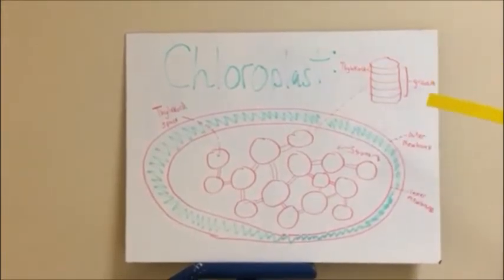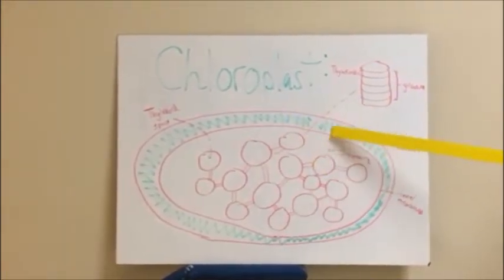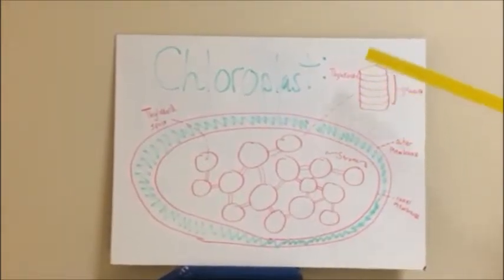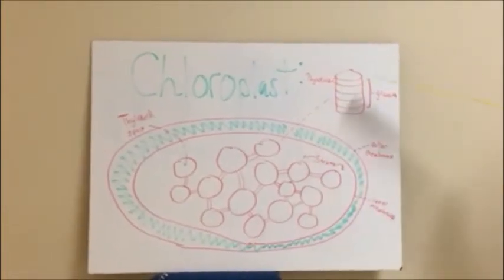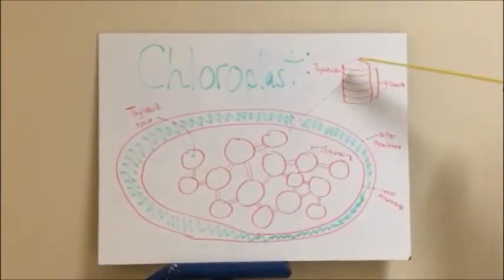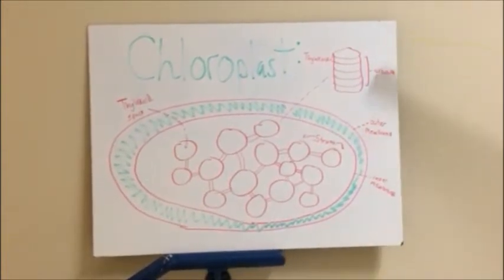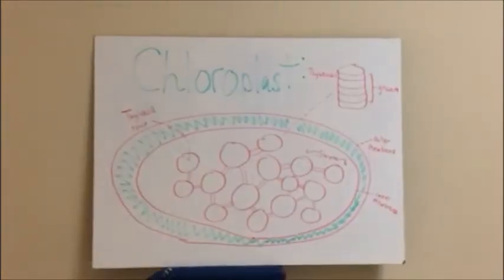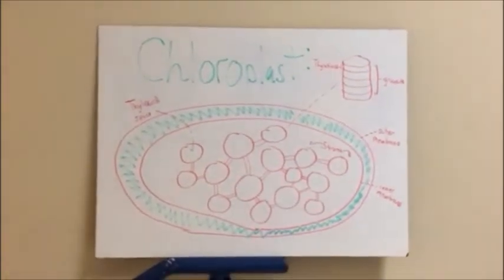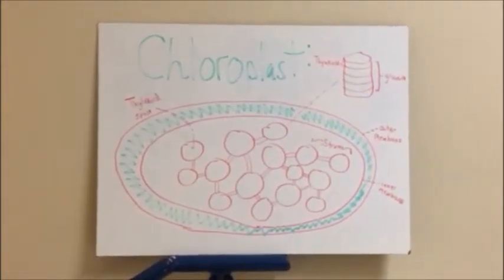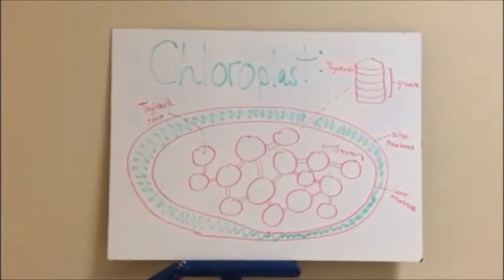Chloroplast. So, these little circles inside the chloroplast, those are thylakoids. This right here is a thylakoid. One single thylakoid is right there. The granum, that's like a stack of thylakoids, which looks like a bunch of pancakes stacked on top of each other. I mean, that's how I remember it.